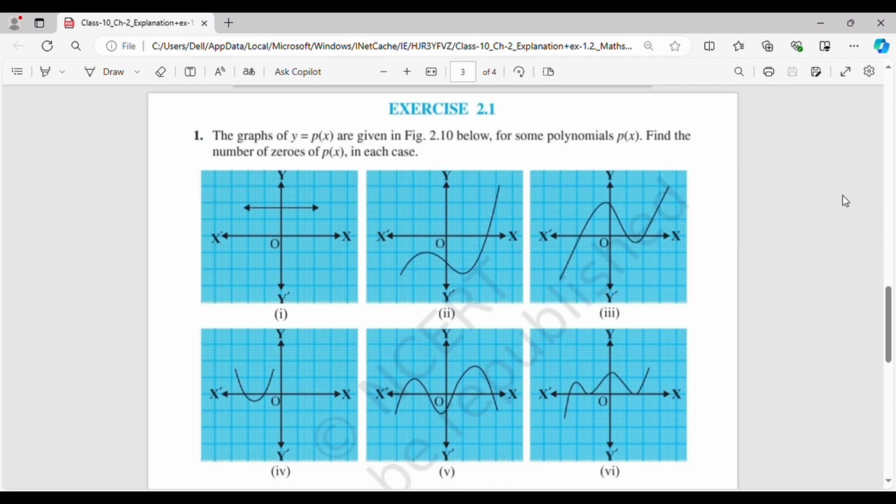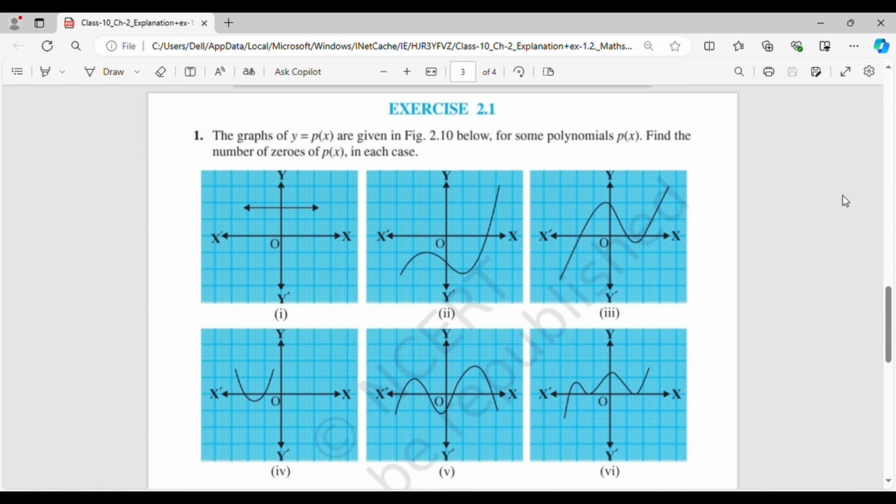So next is our first exercise of this chapter, exercise 2.1. Here in the first question, the graph of y equal p(x) is given. We are given some graphs and we have to tell the number of zeros of p(x).